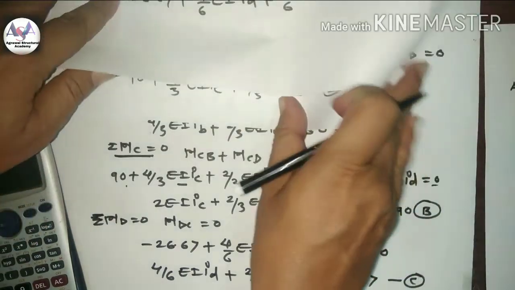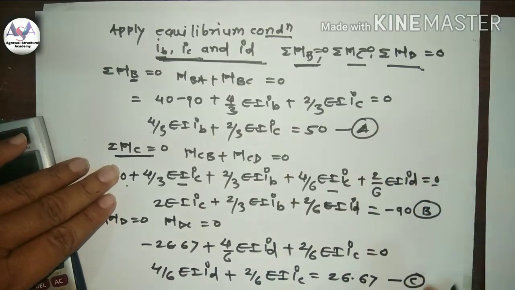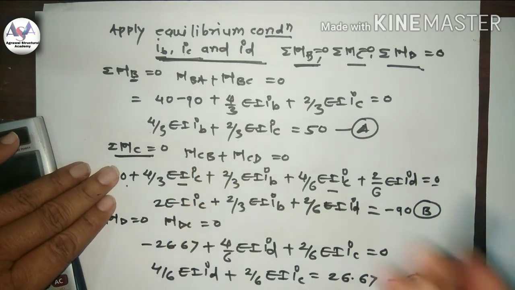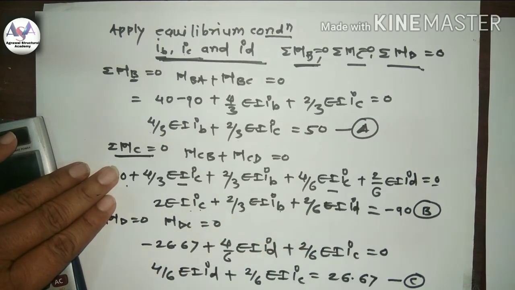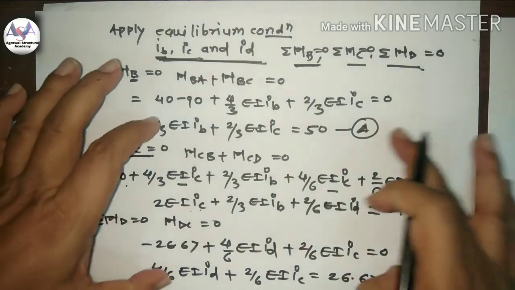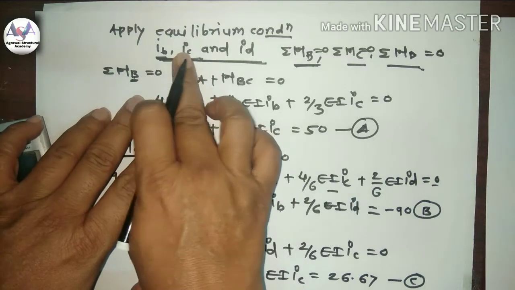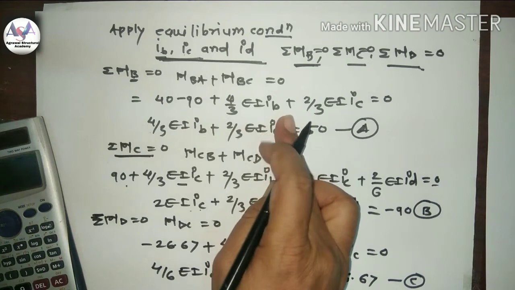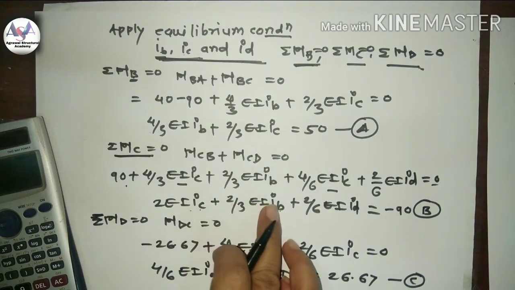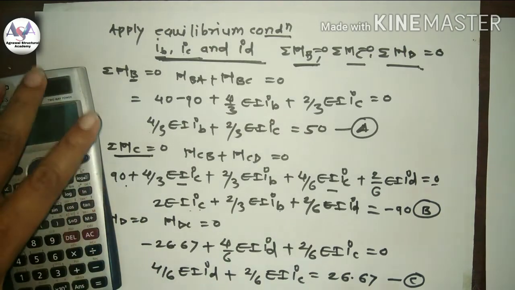What is important here? Unknowns are 3, so equations are 3. Now here, B, C and D. So put these 3 equations into the calculator and calculate EI theta B, EI theta C and EI theta D. In the first equation there is no EI theta D, so take EI theta D as 0 in this case. Here the 3 are the unknowns. In the other equation there is no EI theta B, so take EI theta B as 0 in the calculator.